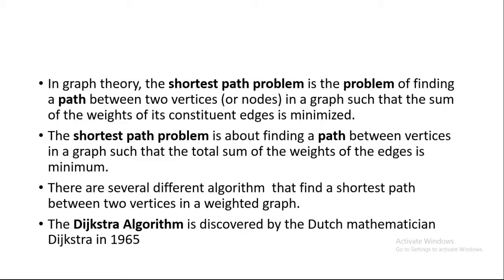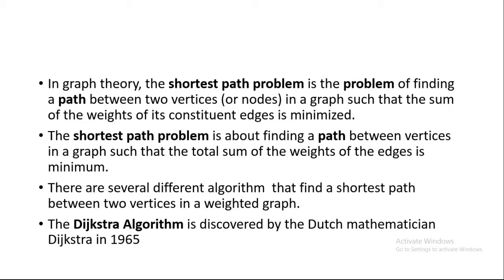In graph theory, the shortest path problem is the problem of finding a path between two vertices or nodes in a graph such that the sum of the weights of its constituent edges is minimized. In other words, it is about finding a path between vertices such that the total sum of the weights of the edges is minimum.